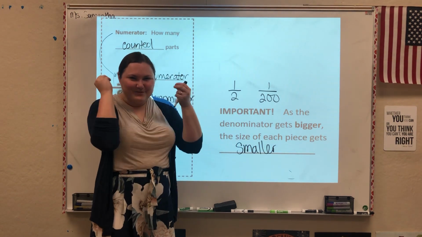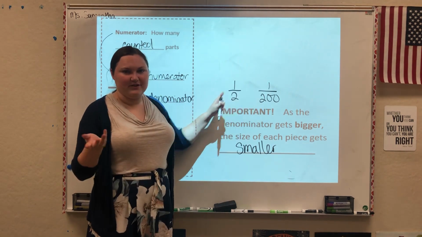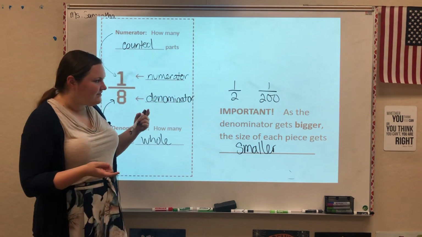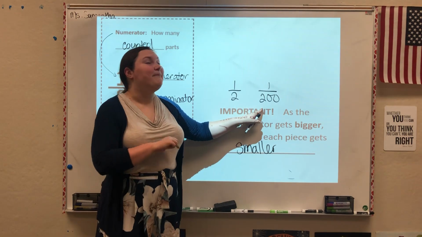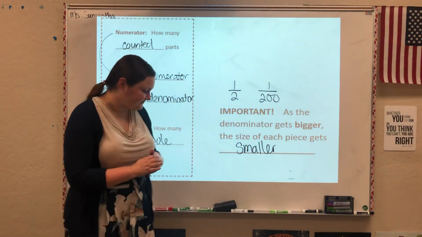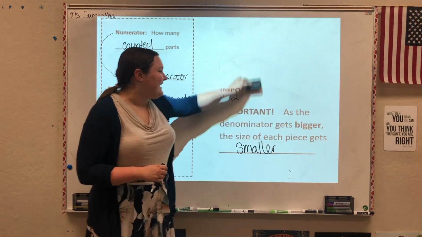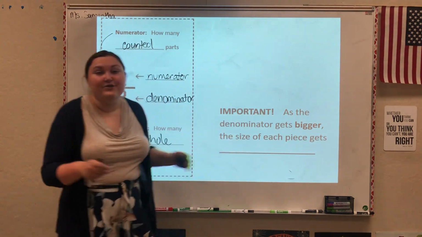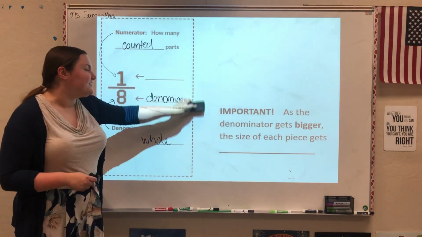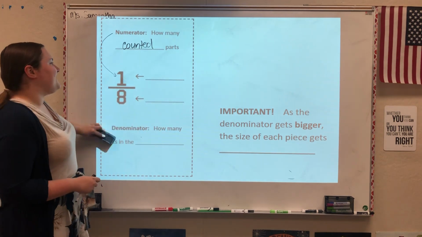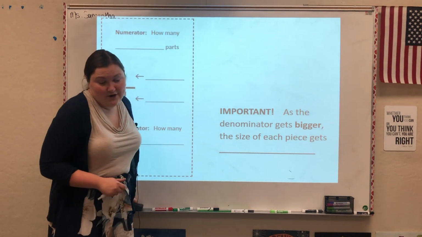You kind of have to change your brain a little bit, right? 200 is bigger than 2, but when it says a fraction, 1/200th is much, much smaller than 1/2. This already is a way for you to start getting a sense of what fractions look like, how big they are. That's going to help us later when we start comparing fractions.